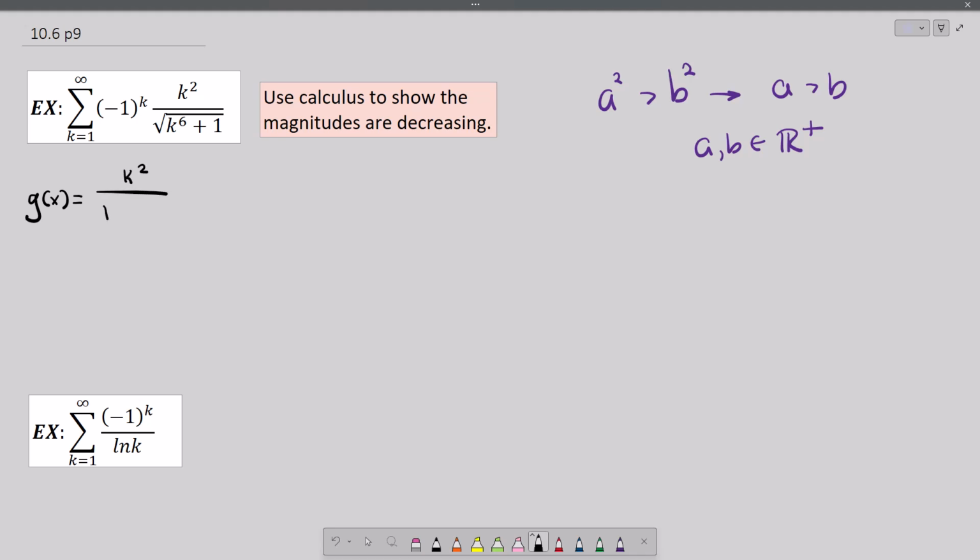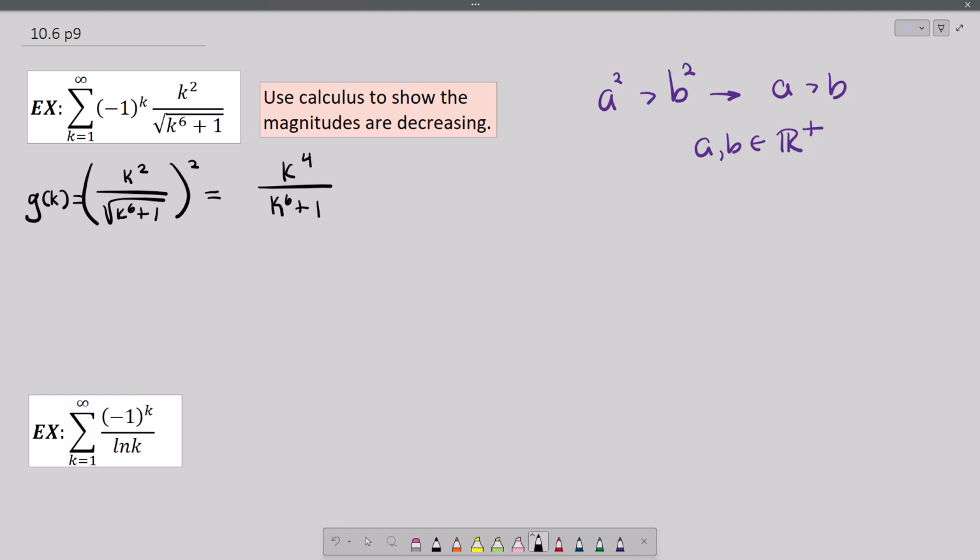Let's square this function because it's going to be a heck of a lot easier to determine whether this function is decreasing or not. I put in x here, so I should either make everything x or everything k. I'll just make this a k.